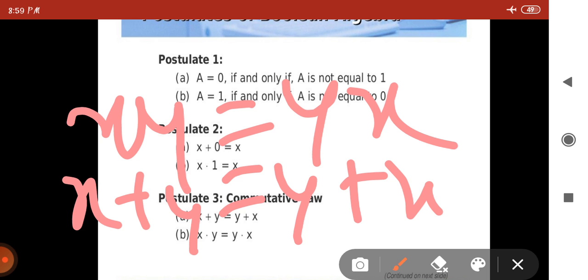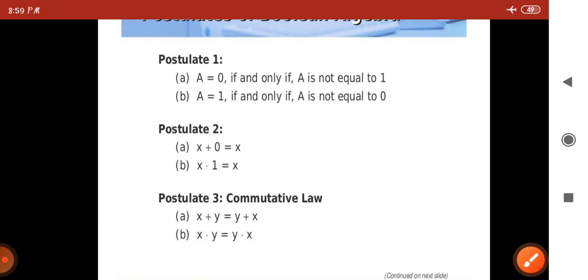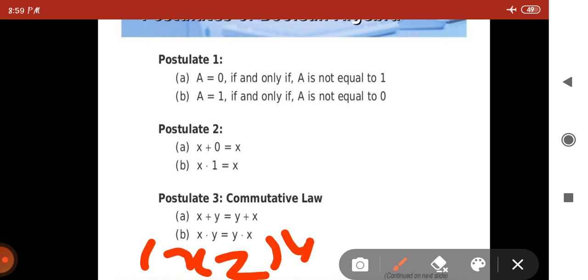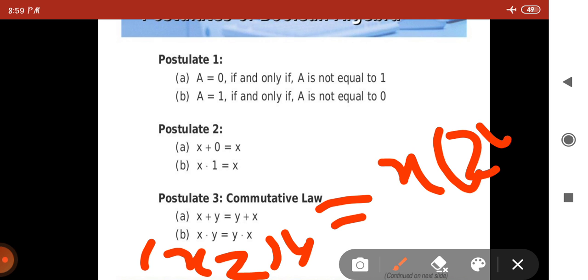And they may ask in your examination which one is a commutative law. For example, 1, 2, 3. They will give that. x, z into y, x into zy.